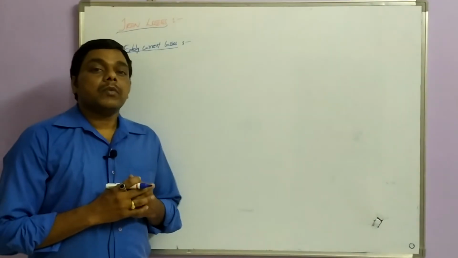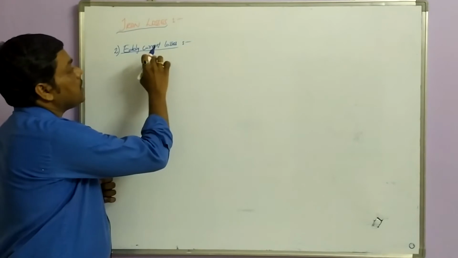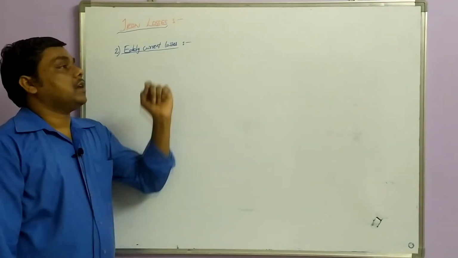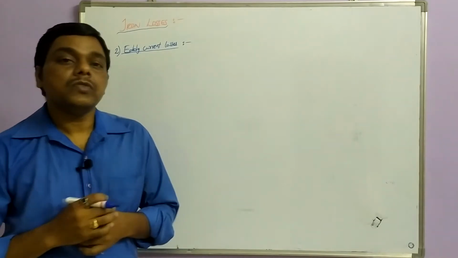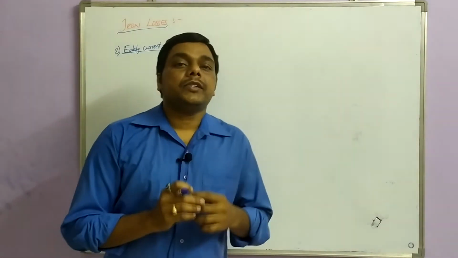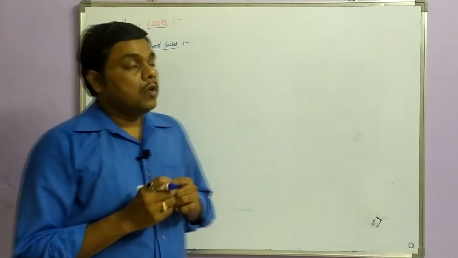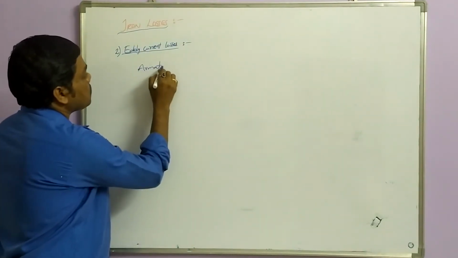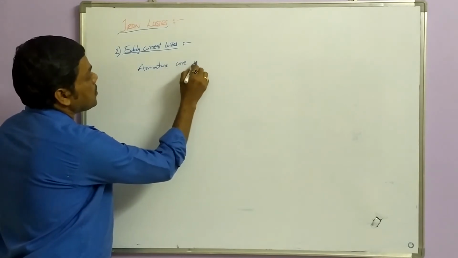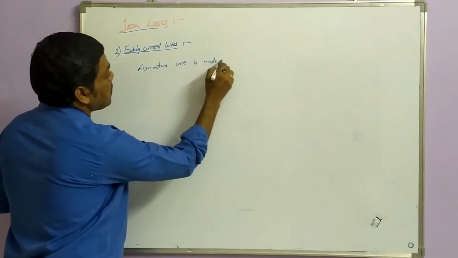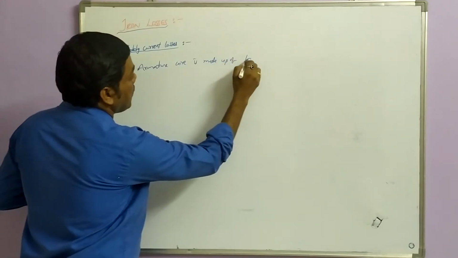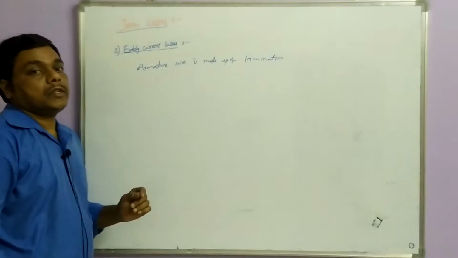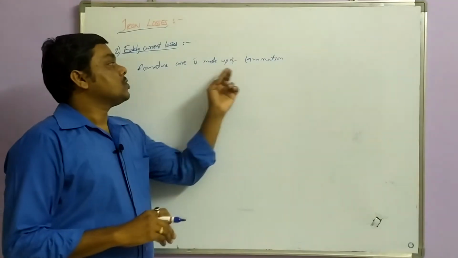The second type of iron loss is eddy current losses. Now what is meant by eddy current? It is the current induced in the laminations of a core. We know that the armature core is made up of laminations, steel stampings.